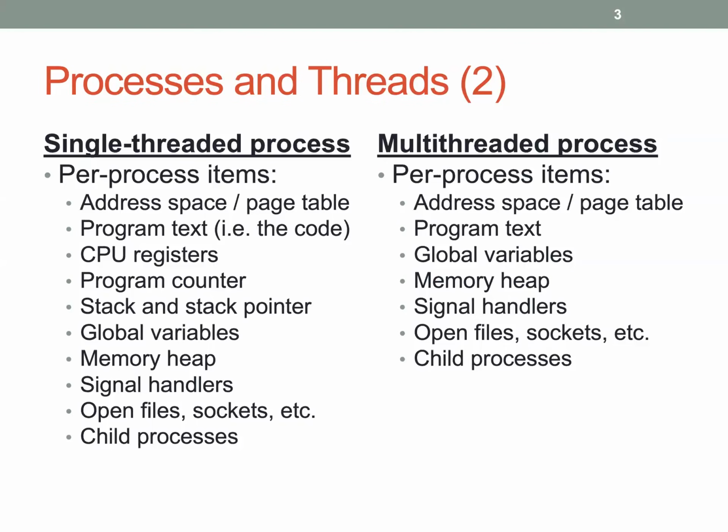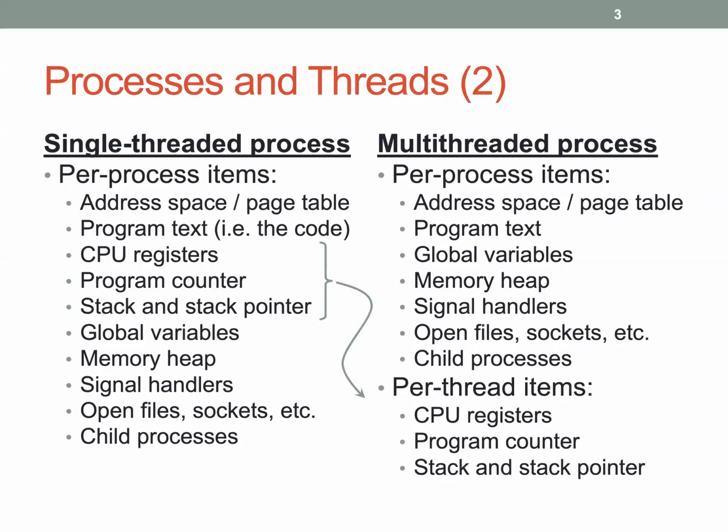Who the children are of the process remains on a per process basis because you don't have one thread starting some children and another thread starting other children. But the per thread items are going to be the execution state of the program. So CPU registers, program counter, stack, and stack pointer. Okay. Hopefully that really clearly illustrates what's actually going on here.